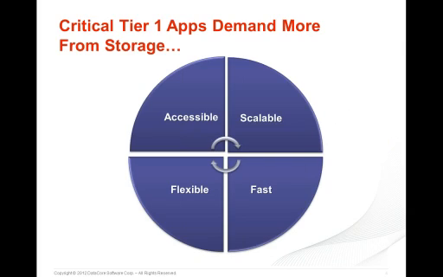They have to be accessible, so always on, highly available. They have to be underpinned with business continuity. These are the applications that if they go down, there is a real critical hit on the business. So we need to make sure they're constantly accessible.